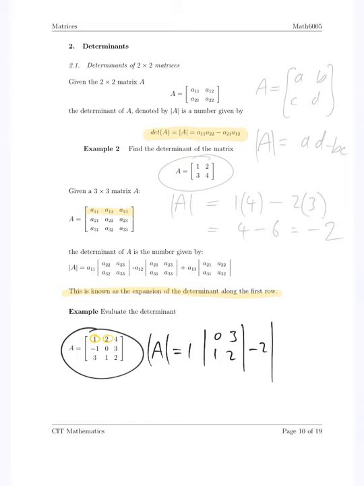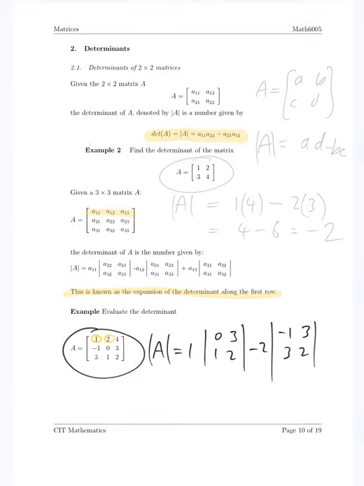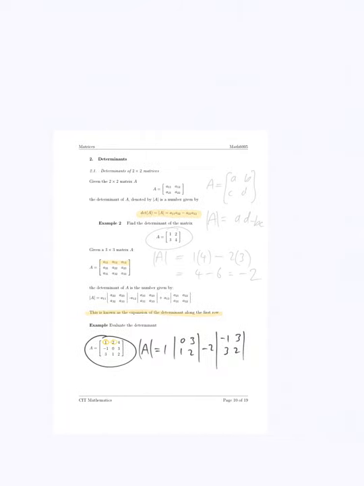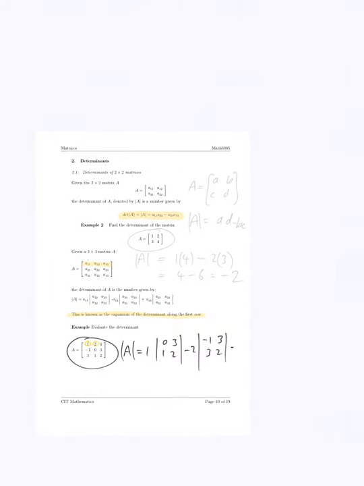That's minus 2 times the determinant of what's left when we take that row and column out. Minus or plus a13. There's a13. So it's 4 times the determinant of minus 1, 0, 3, 1. Again, that's what's left when I took out row 1, column 3.